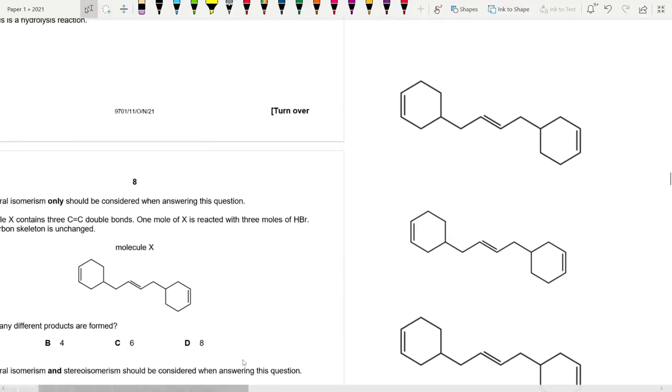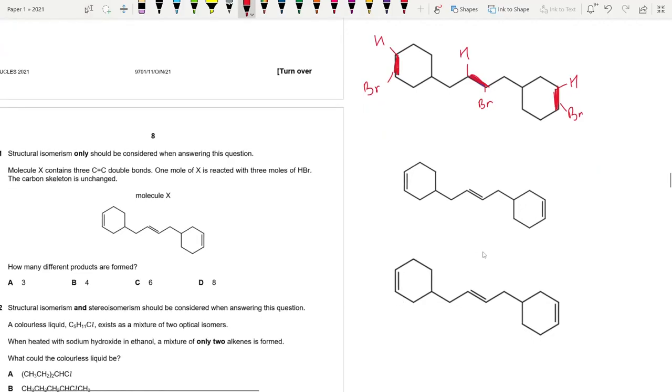So, if we add HBr over here, check this. Suppose here, we should only consider structural isomerism, by the way, no stereoisomerism. Okay, so look at this compound that I'm drawing over here. This is one instance.